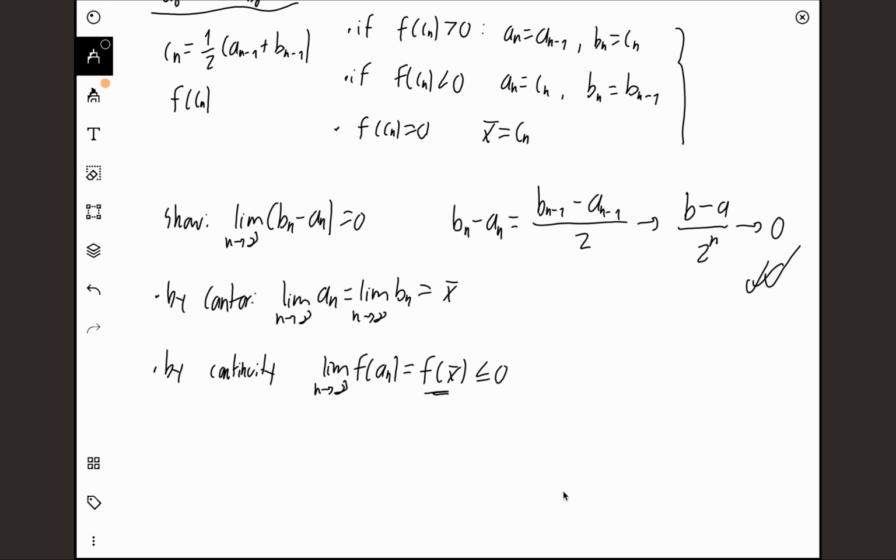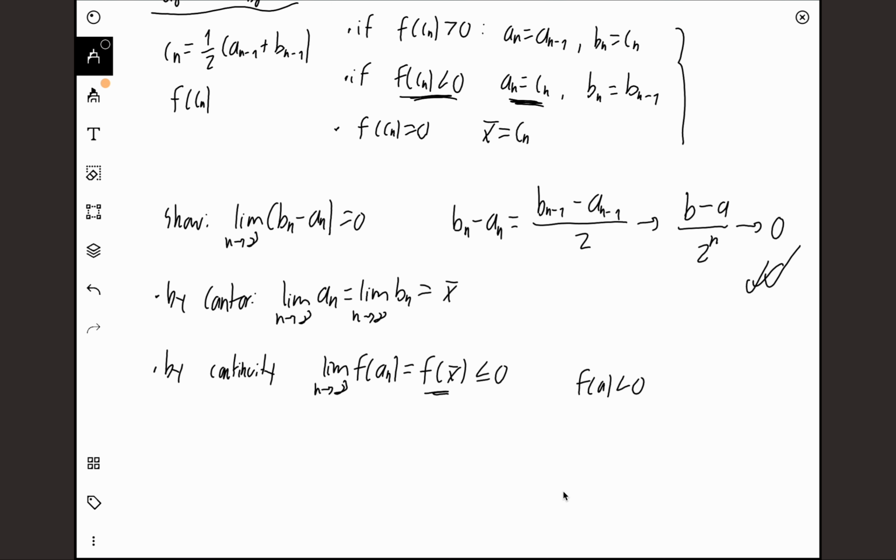And now, how do we know this is always going to be less than or equal to 0? Well, we initially defined f of a to be less than 0: f of b was positive, f of a was negative, because one had to be negative. And then, with our condition in the statement, we only added c_n to a_n if f of c_n is less than 0. We only update our a_n terms if f of c_n is less than 0.